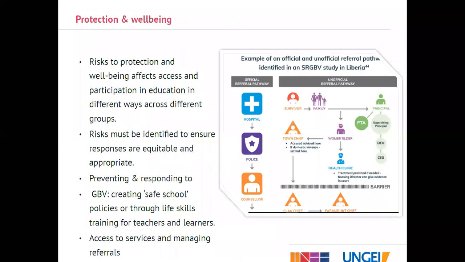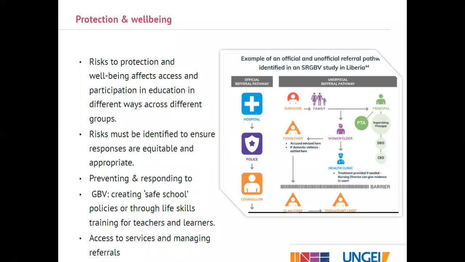So the guidance note also deals with the question of protection and well-being. As we know, conflict and crisis can undermine the protective nature of learning environments. Girls, boys, women and men, and of course, different groups within these categories can face many different risks to their protection and well-being. And this in turn can affect their access and participation in education in very different ways.